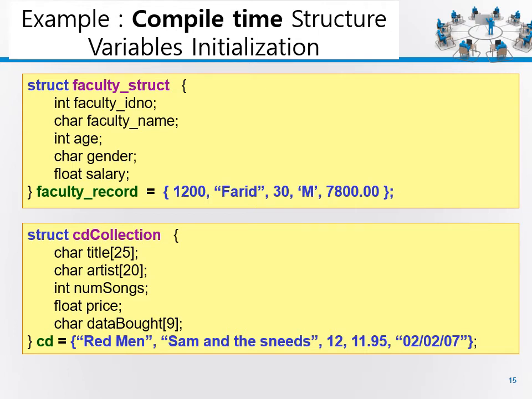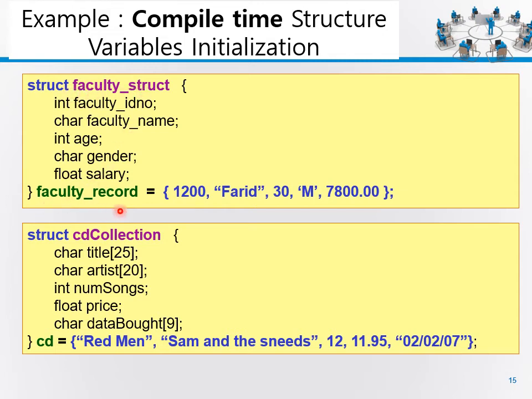There's another example that will show you the easiest way to initialize structure variables during compile time. You have these two examples. Same thing, you have struct faculty struct. You have here five members of struct faculty struct.